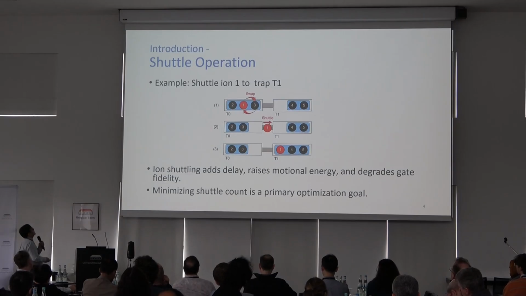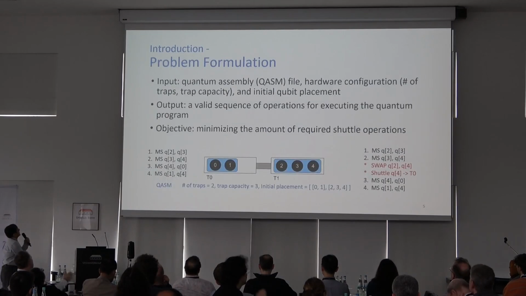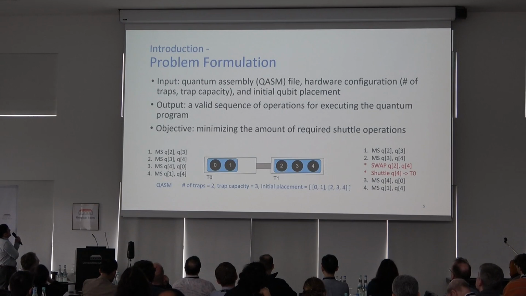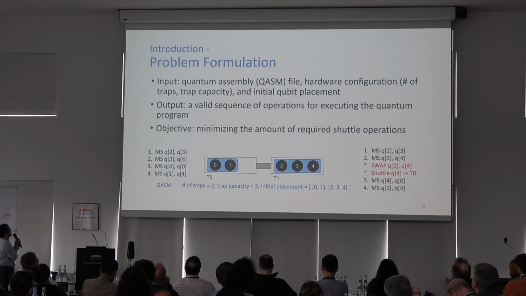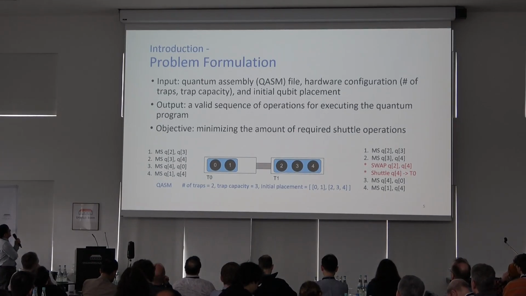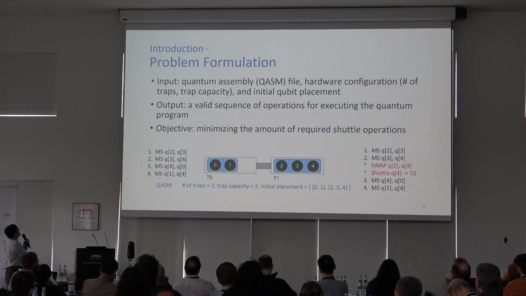Here, let me quickly define the problem addressed in this paper. The input consists of a quantum program, the hardware configuration, and an initial qubit placement. The output is a valid sequence of operations for executing the given quantum program. The objective is to minimize the amount of required shuttle operations.